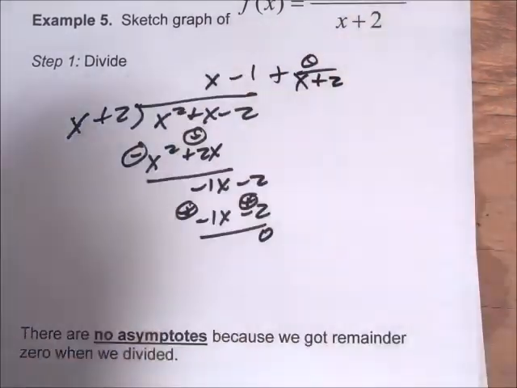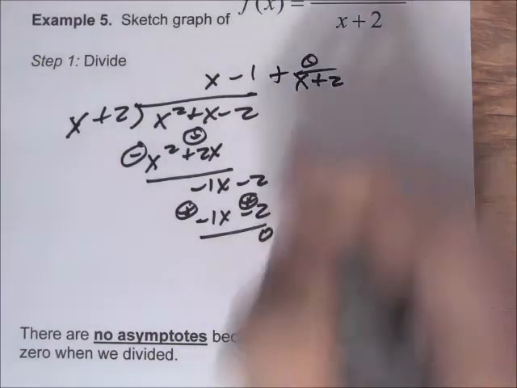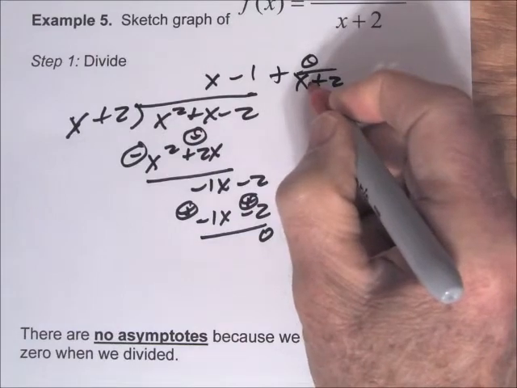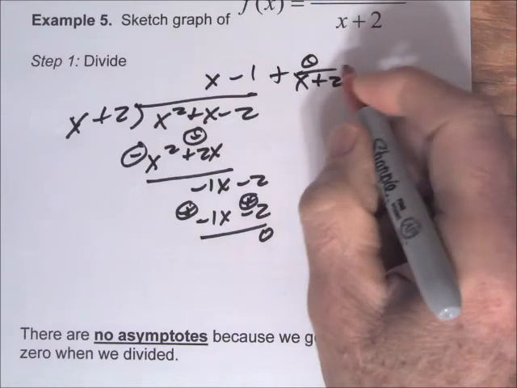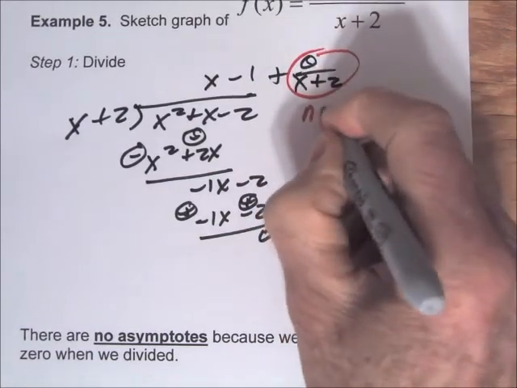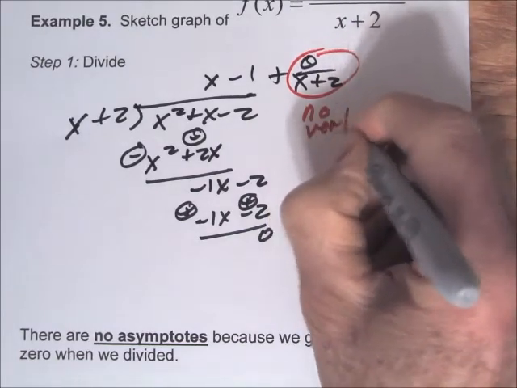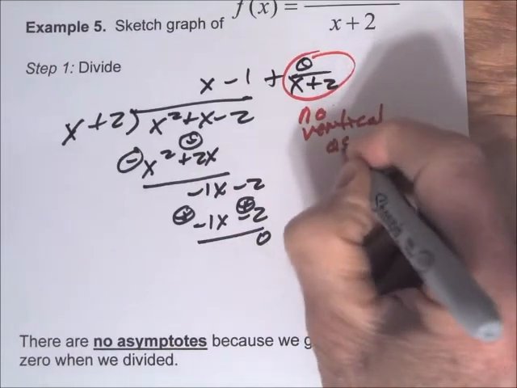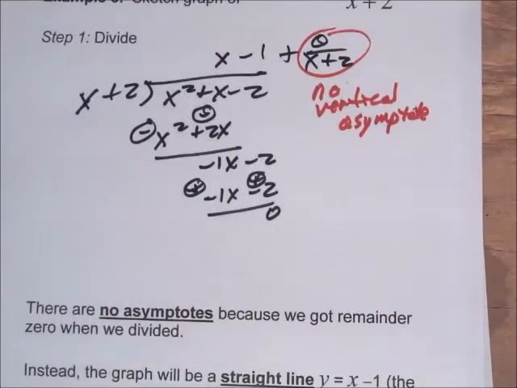Okay, so if x is negative 2, it looks like we might have a vertical asymptote of x equals negative 2, but at negative 2 we get 0 over 0, so there's no vertical asymptote here. And actually there's no horizontal asymptote either. This is actually just a straight line with a hole in it.